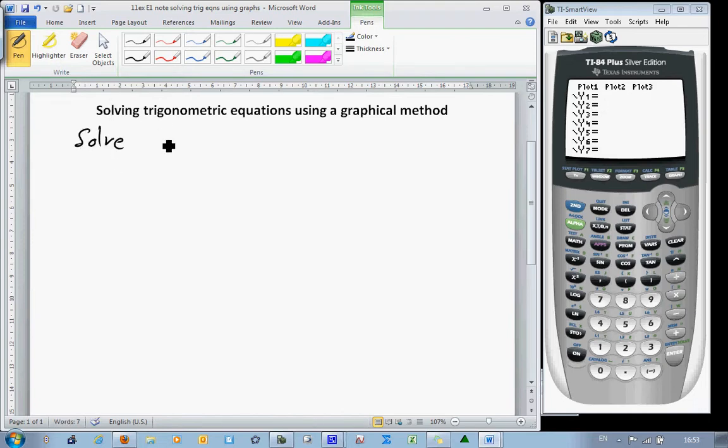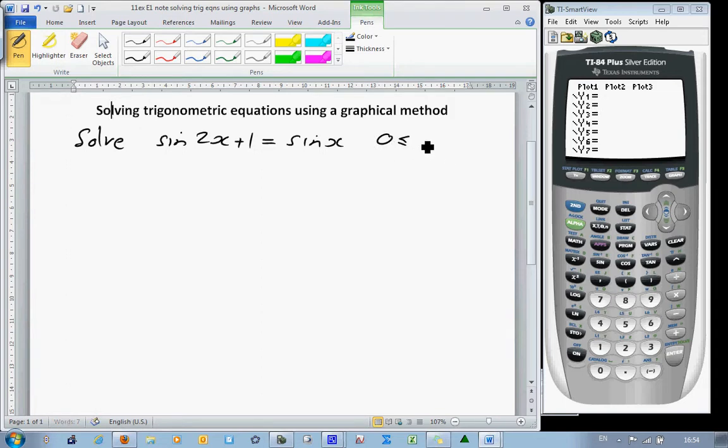And this time let's go from 0 to pi for x and see what happens. Notice by doing pi I'm in radians, so I need to change my mode into radians.